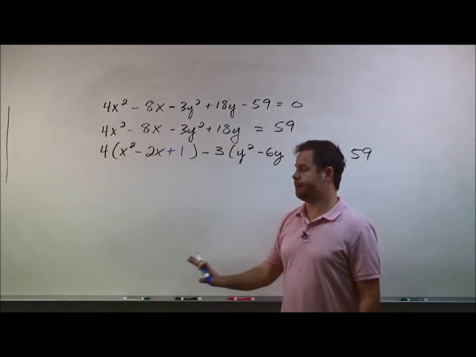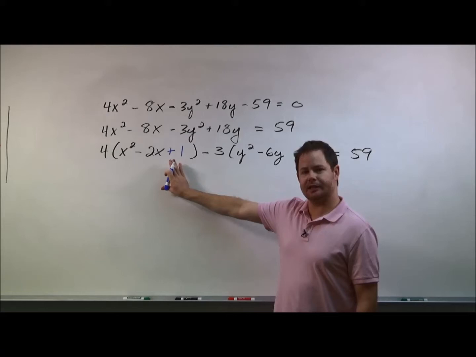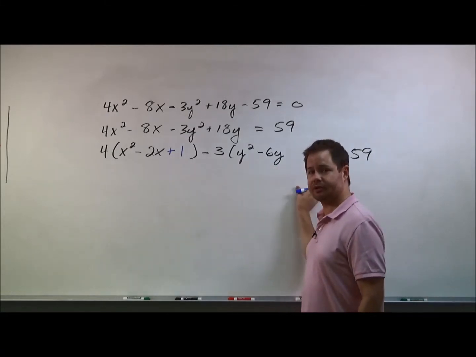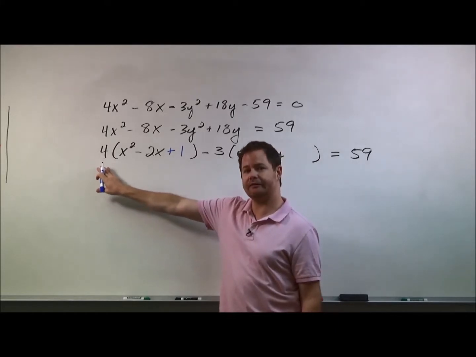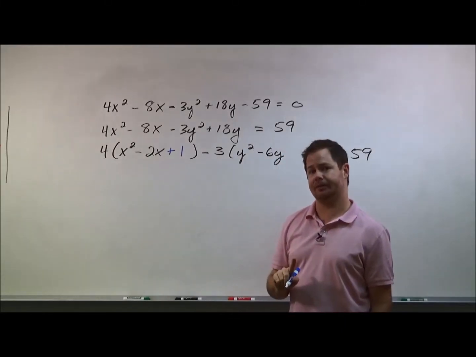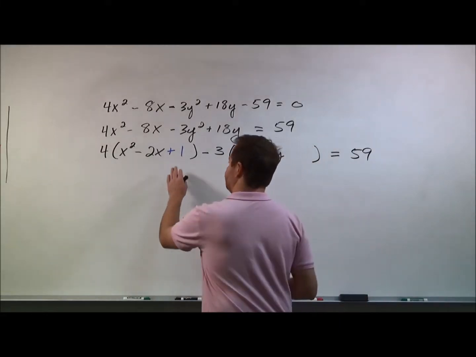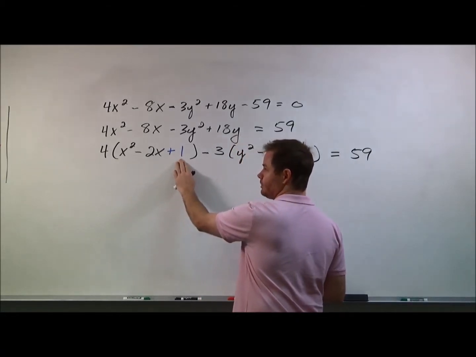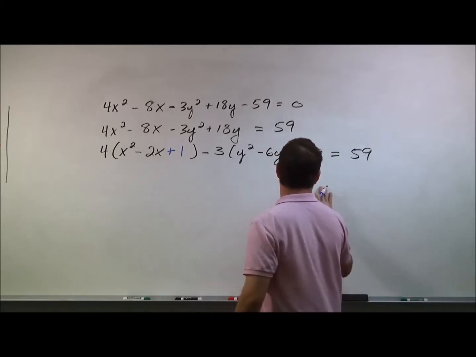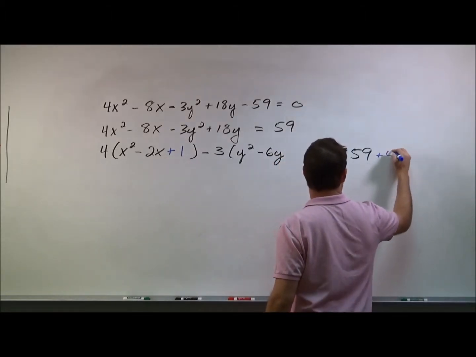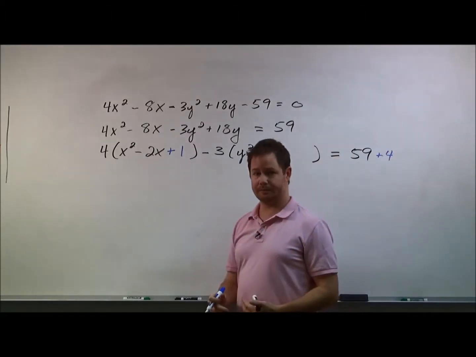Now here's the key. Whatever you add to this left side of the equation, you also have to add to the right, but you want to be very careful because the coefficient that you have in front of your parentheses does matter. So even though I'm only adding a plus 1 inside the parentheses, that plus 1 is really being multiplied times 4. So that means to the other side over here, I have to add a plus 4.